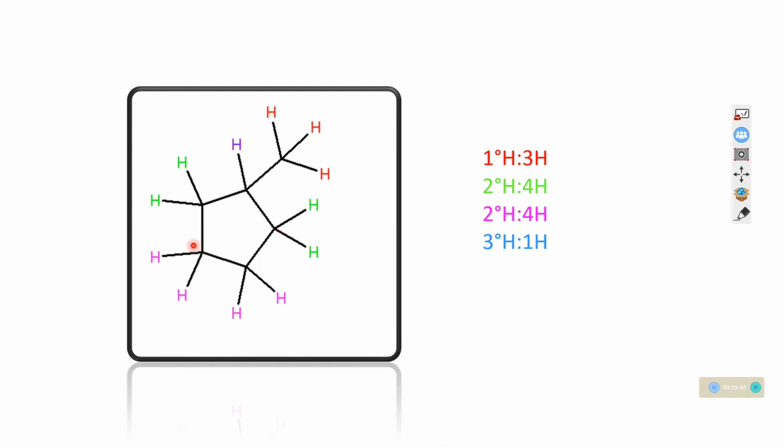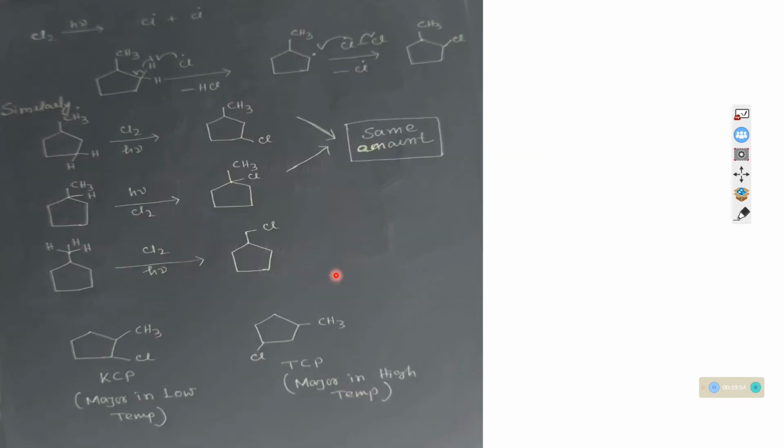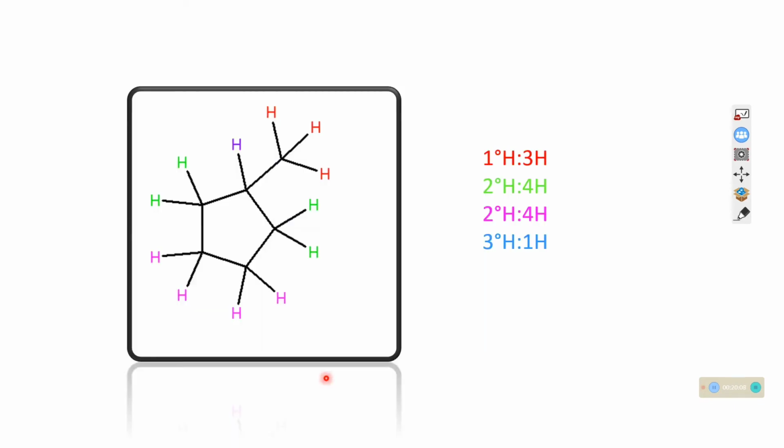So there are two types of 2 degree hydrogen. These four are the same kind of 2 degree hydrogen. These four are the same kind of 2 degree hydrogen. So the probability of formation of these two compounds is the same, because these are 2 degree hydrogens, but different types of 2 degree hydrogen.